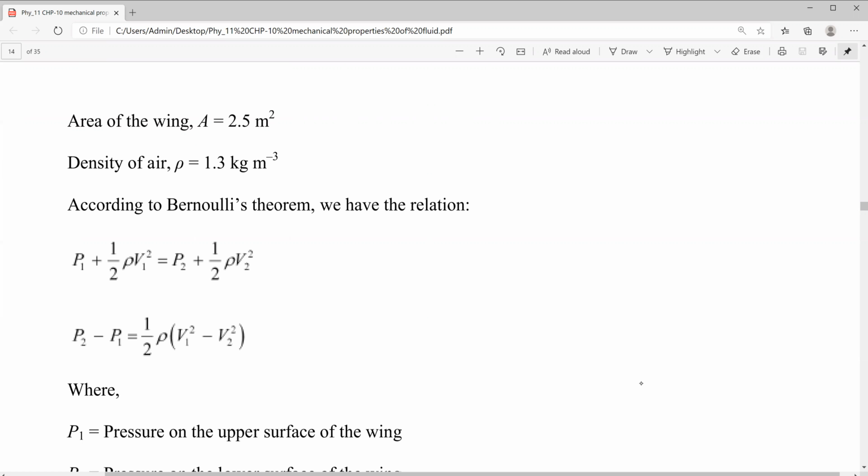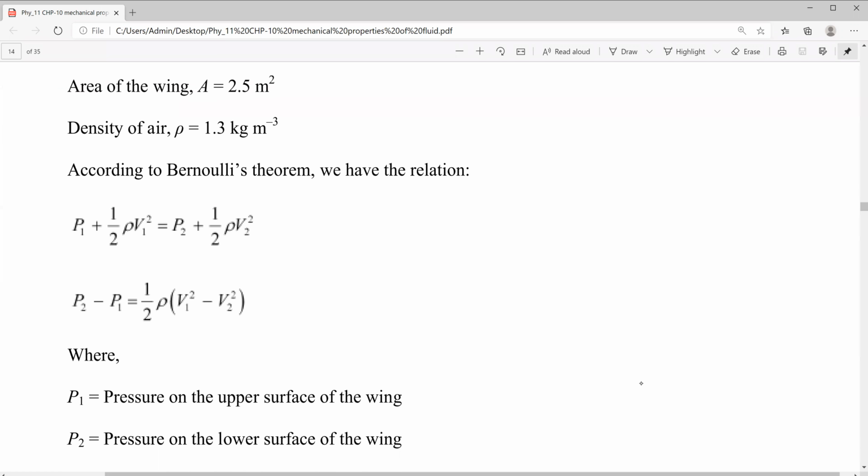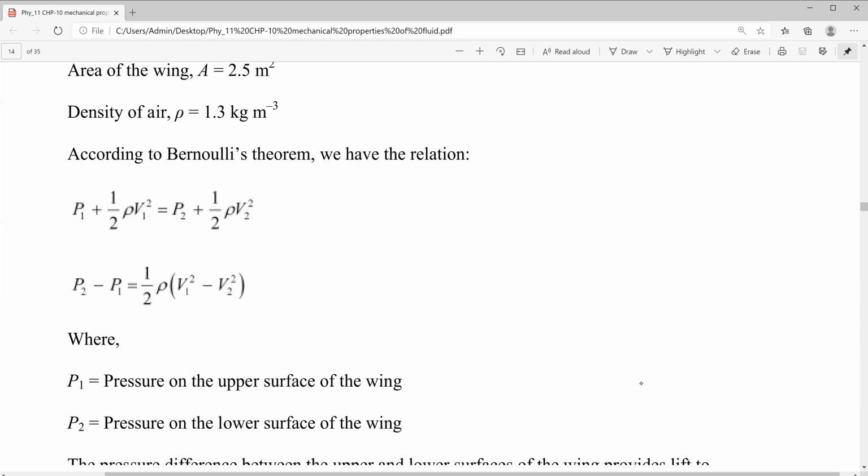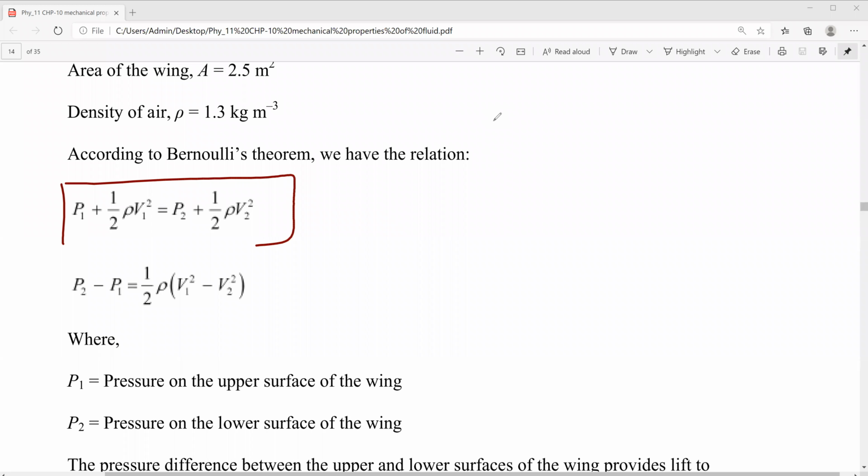So according to Bernoulli's principle, we have the relation P1 plus half rho V1 square is equal to P2 plus half rho V2 square. This is the relation we wrote according to Bernoulli's theorem.